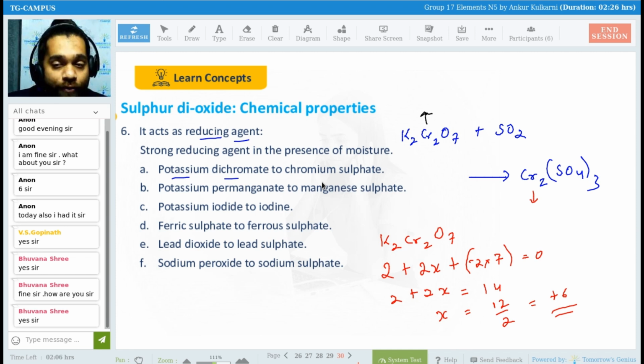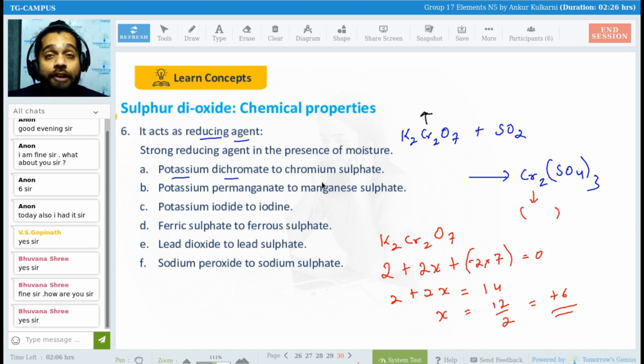And what is the oxidation state of chromium over here? Prashanti, Kirtini, Bhuvanashri, what will be the oxidation state of chromium in Cr2(SO4)3? Plus 12. Prashanti, what is the meaning of oxidation state?